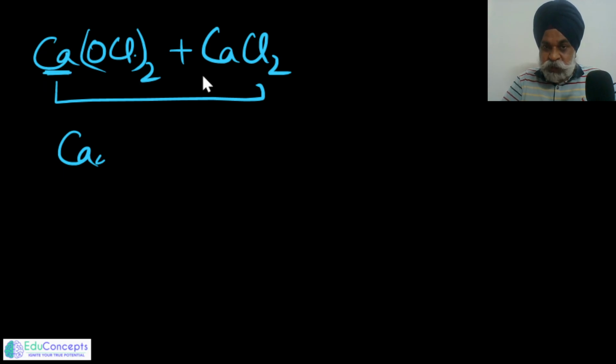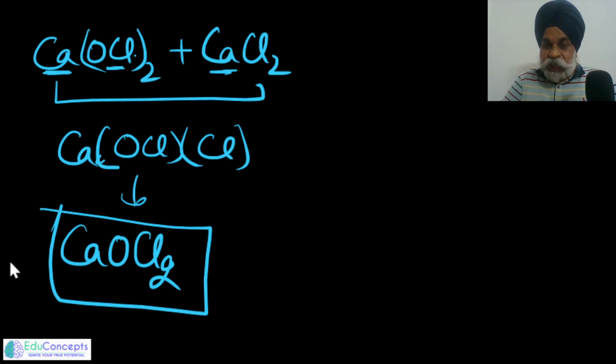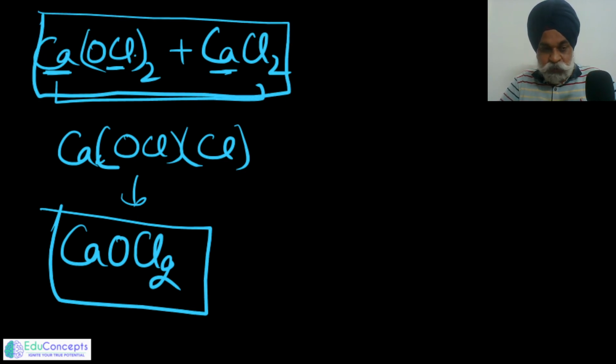Calcium are 2, so I have taken 1 calcium. There are 2 hypochlorite, so I have taken 1 hypochlorite and 1 chloride. So as a totality, what we are writing is an empirical formula. Actually bleaching powder is a mixture of these two taken in equal quantity. So I have just added one thing into your knowledge bank.